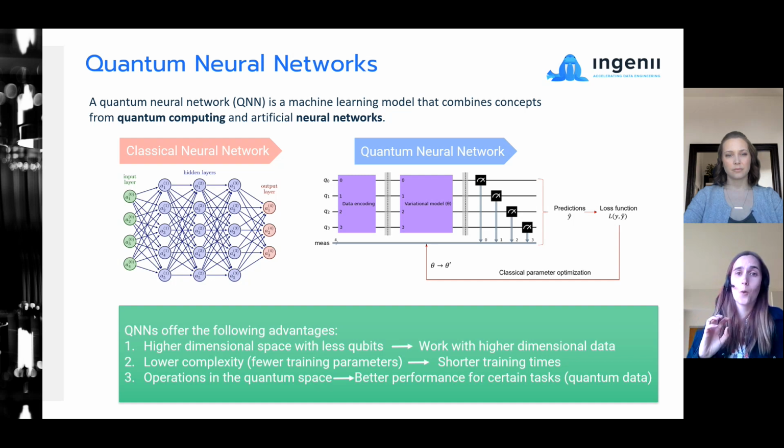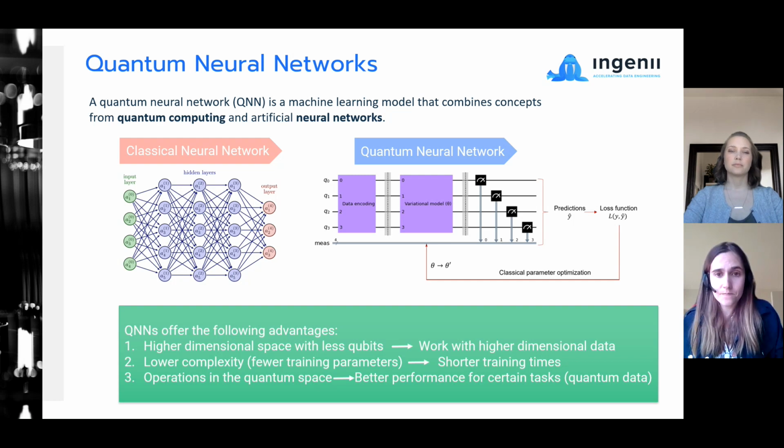But on the other hand, quantum neural networks, since they have this exponential scaling of the Hilbert space, the space where qubits live, also require fewer training parameters. And therefore, you're going to need smaller data sets and shorter training times, and also you're going to need fewer computational resources. So this is the second advantage.